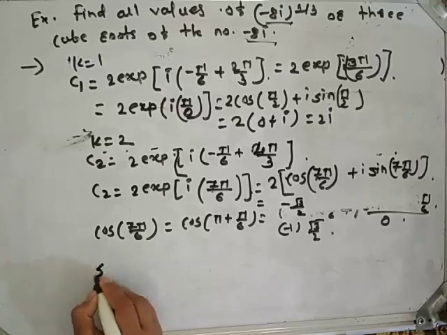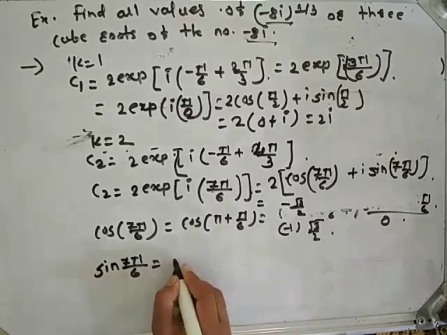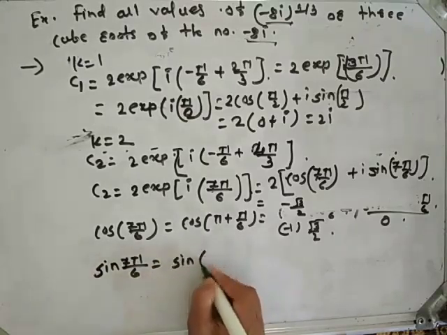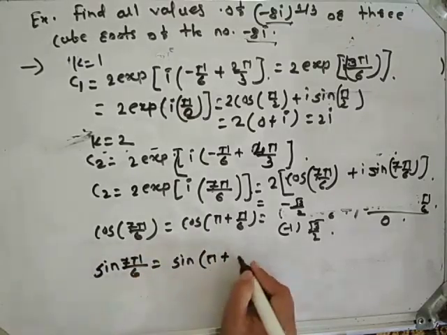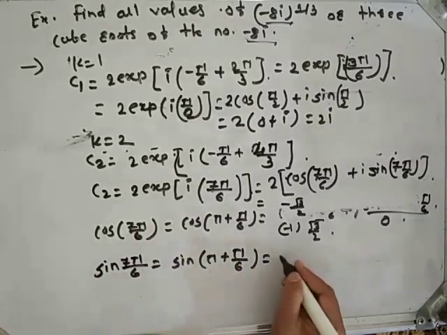Now find sine 7 pi by 6. Sine 7 pi by 6 can be written as pi plus pi by 6. Use the formula sine A plus B, and you will get the answer minus 1 by 2.